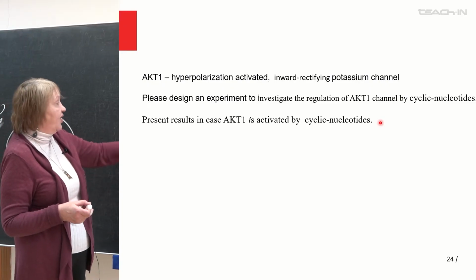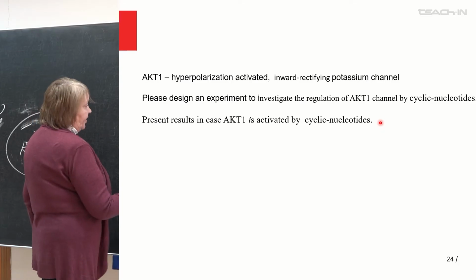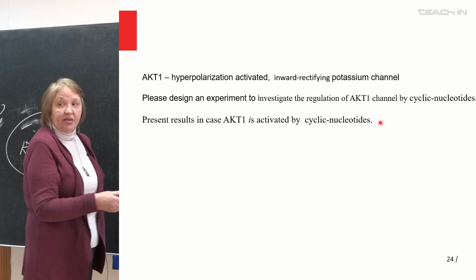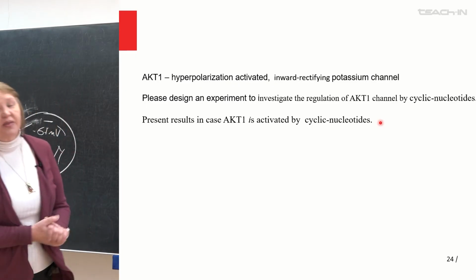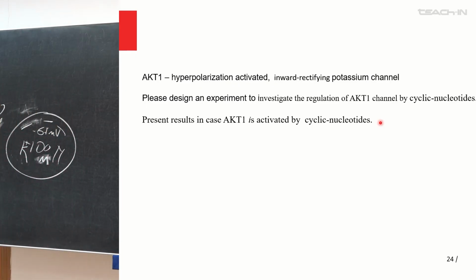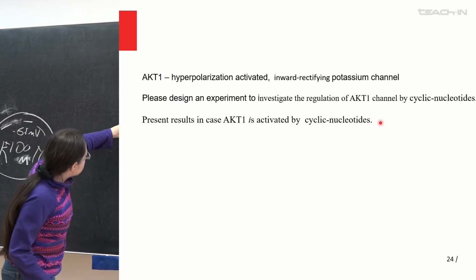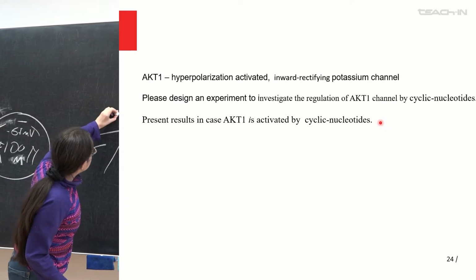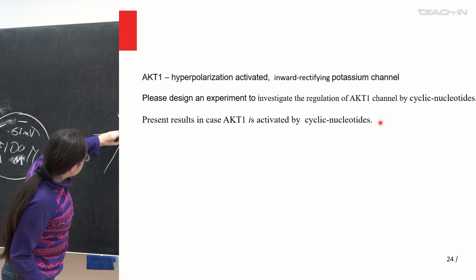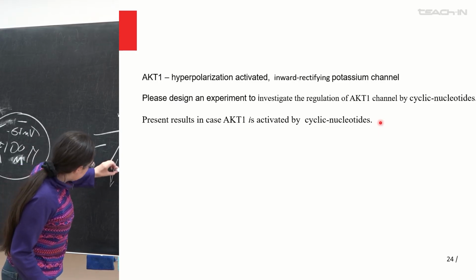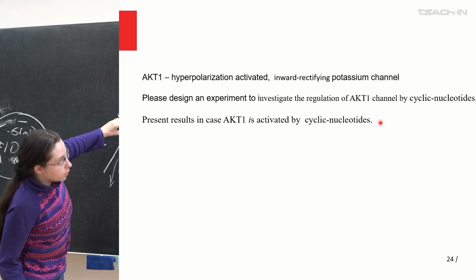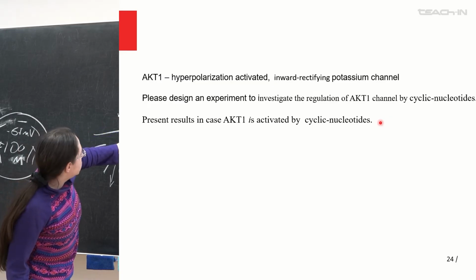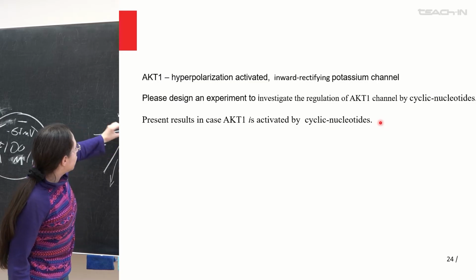In which square would the current be? Absolutely, this is the resting potential. So this will be current. It's inward. And since this channel is hyperpolarization activated, there will be nothing here.